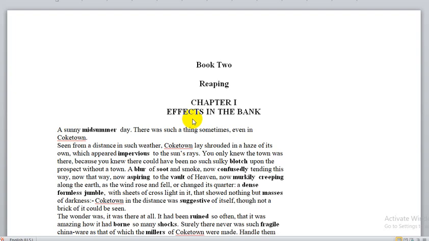Book 2 started with Reaping, and the title of the first chapter is Effects in the Bank.